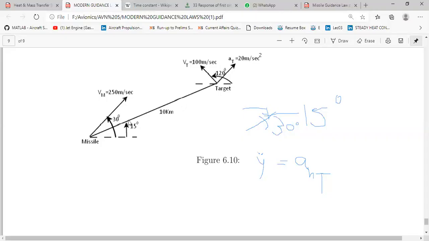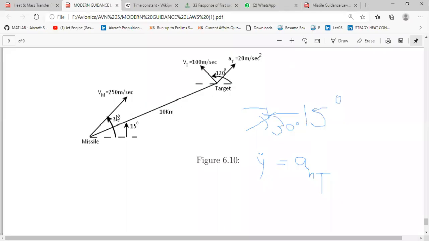If it is not a small angle but you want to consider it a small angle, then Vm will be 250, and Vt is 100, so 250 minus 100 will be your closing velocity. That is one method, if you assume the angle is very small. Here, closing velocity is simply the relative velocity between your missile and target, so 250 minus 100, 150, will be your closing velocity.